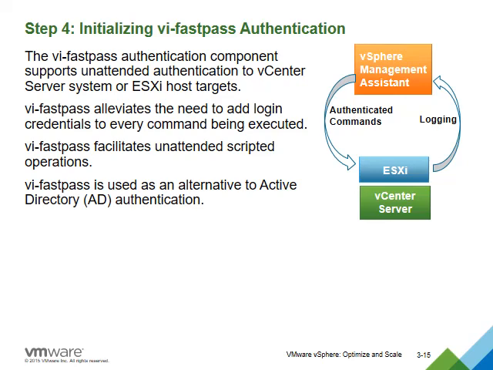When you add an ESXi host as a vFastPass target server, vFastPass creates two users, called vi-admin and vi-user. The vi-admin has all admin privileges, and the vi-user has only read-only privileges. So just remember that your vi-admin has admin privileges, and your vi-user is only read-only.